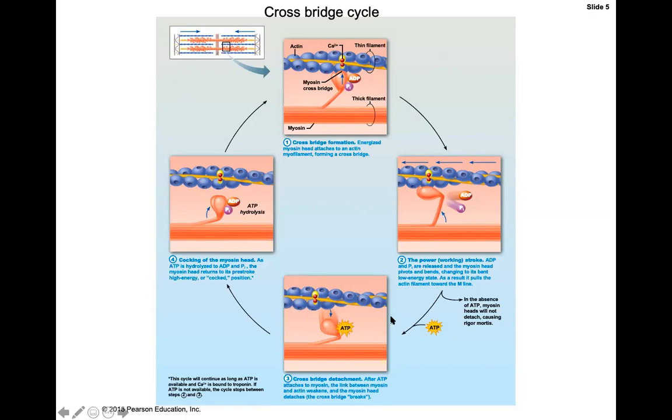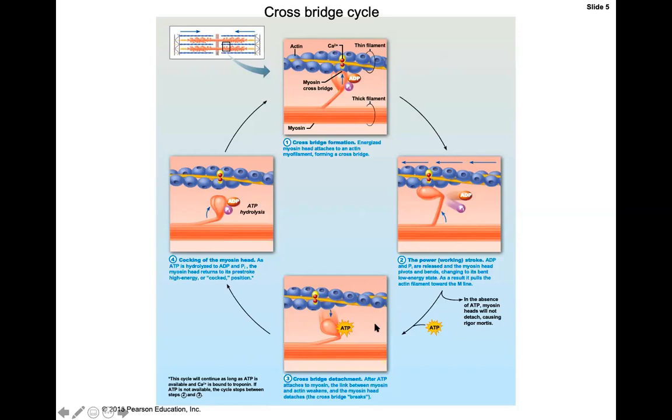So let's start here. When ATP is added, ATP causes the head of the myosin to separate from your actin. This separation puts your myosin head in a relaxed position. Notice how it's sitting down close to the myosin itself.